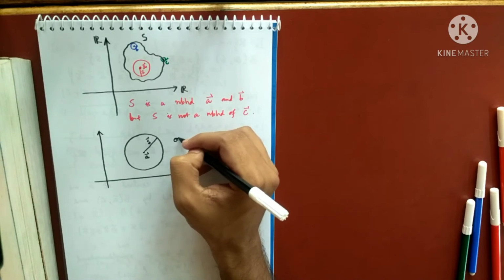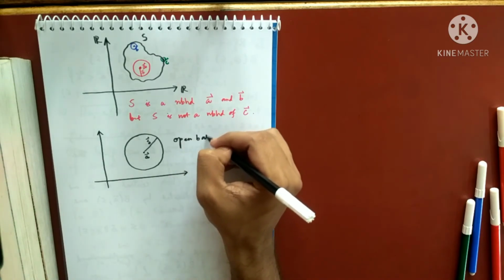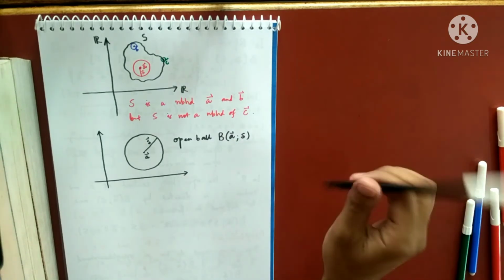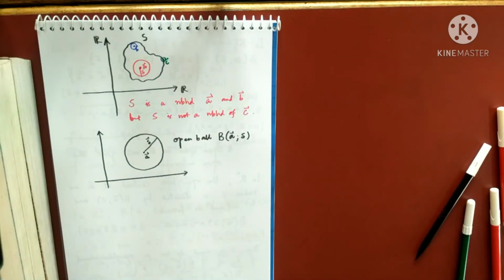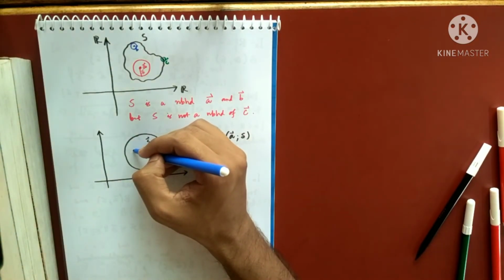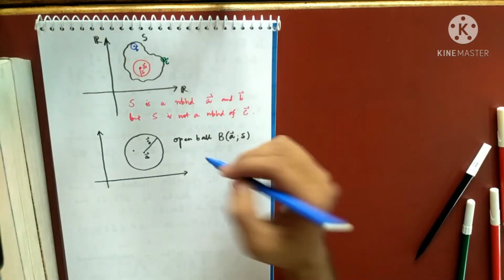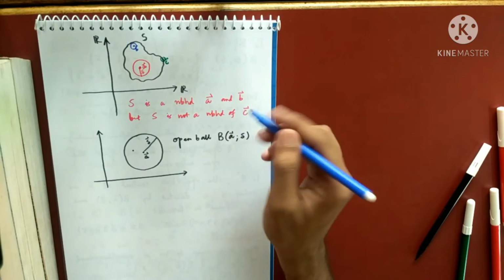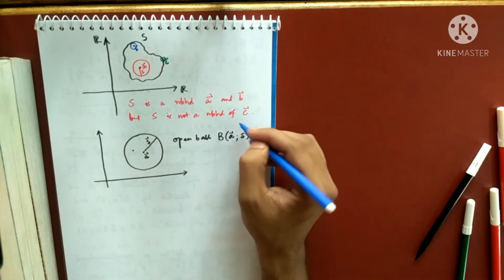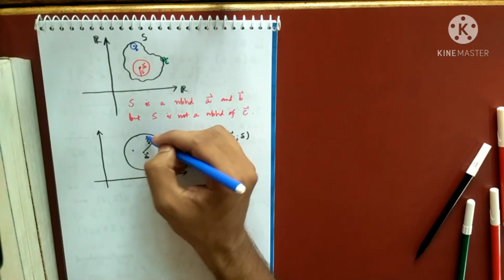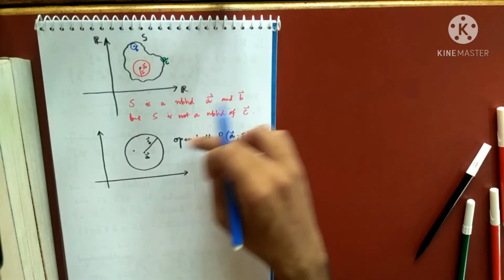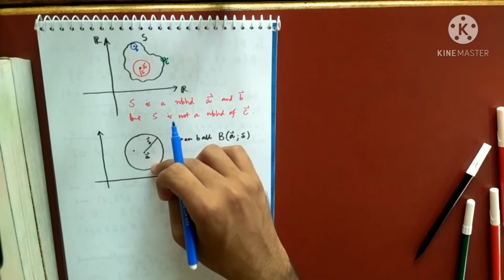So remember there is no boundary. Though I have drawn it, assume that there is no boundary. This whole open ball is the set S. That means S is a collection of all the points inside this circle.